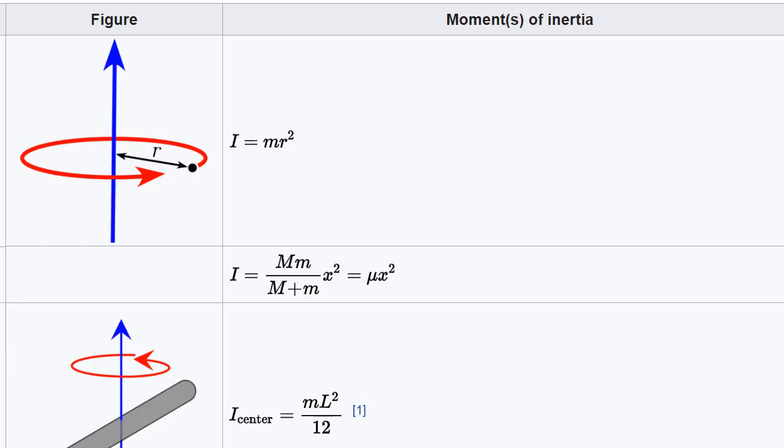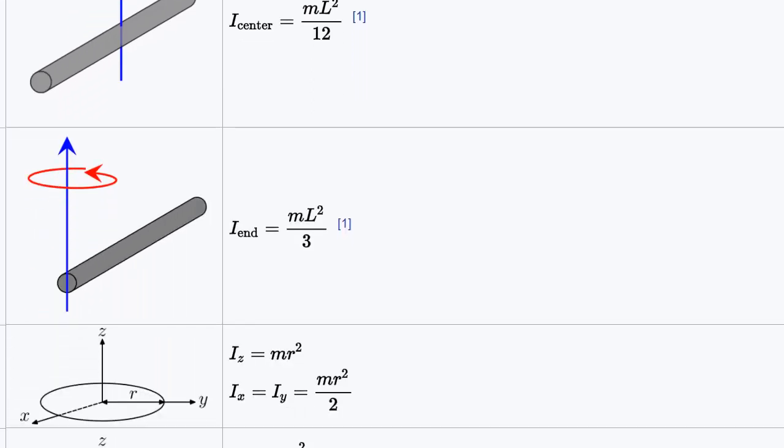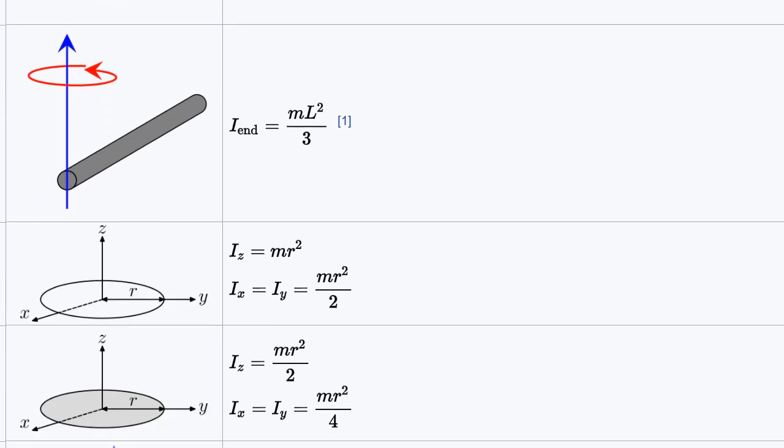If we look up the mass moment of inertia of a rod rotating around one of its ends, we see that it is m l squared over 3. For now, I'm going to leave m and l as variables.